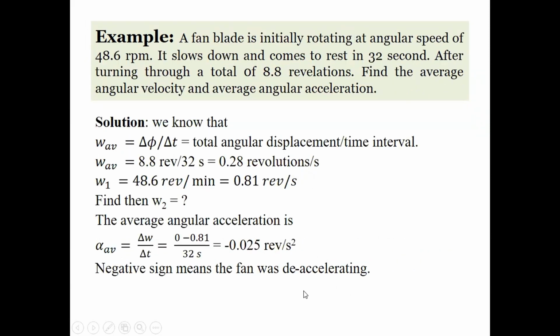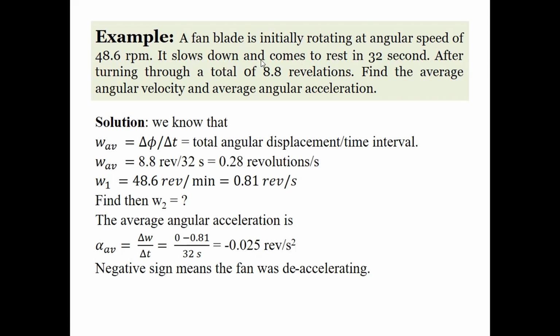Let us do another example. In this example, a fan blade is initially rotating at an angular speed of 48.6 RPM. RPM means revolutions per minute.